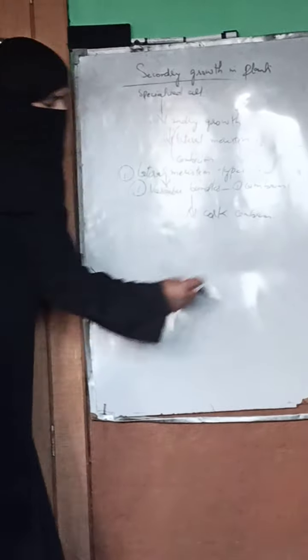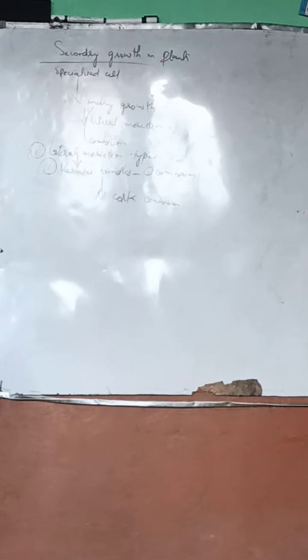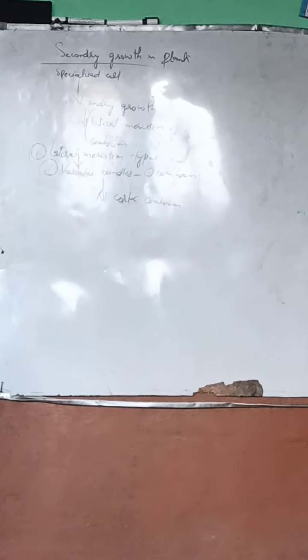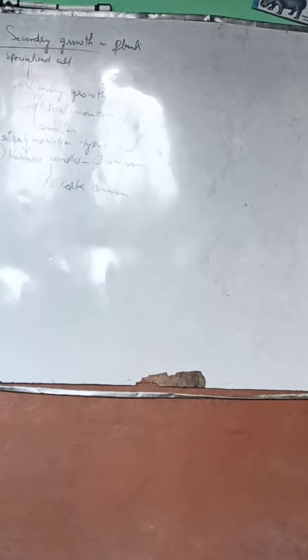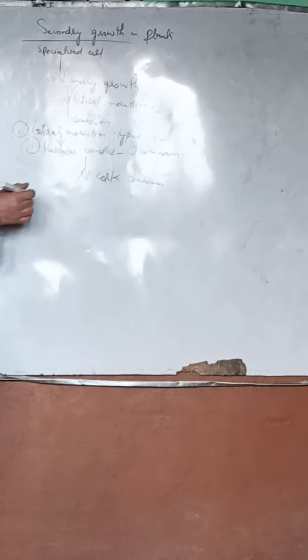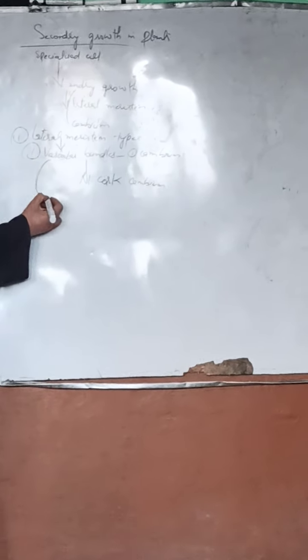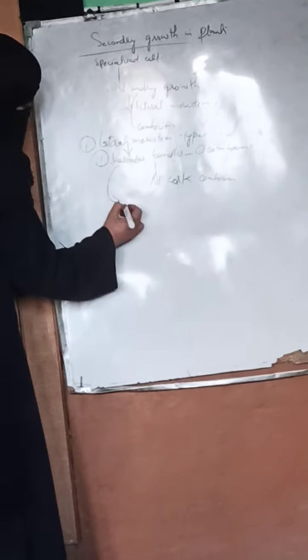Cork cambium. Now we know that separate plants have separate types of growth. When we talk of vascular bundles, it means that there is cambium.